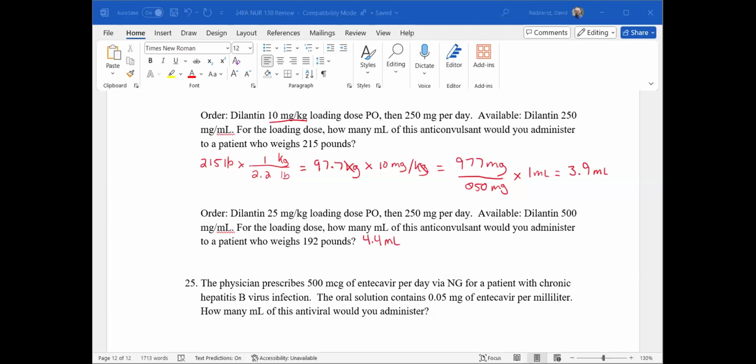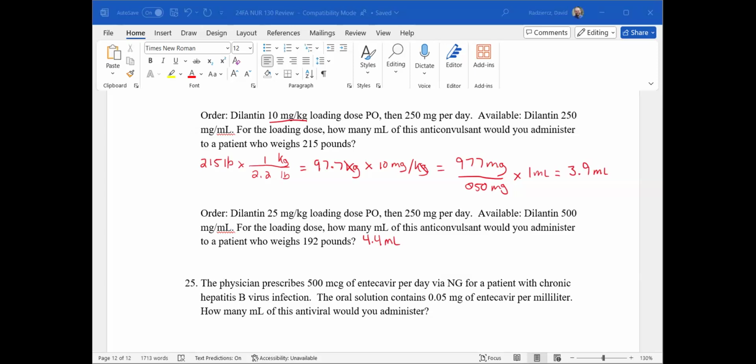Okay, let me see. What I got was 7.3. Let me double check what I did. 87.27. So what would that be to the nearest tenth? 87.3. You got it. So use that number for the rest of your calculations.